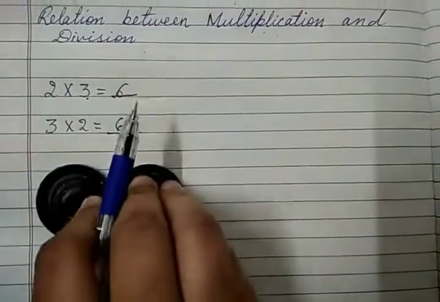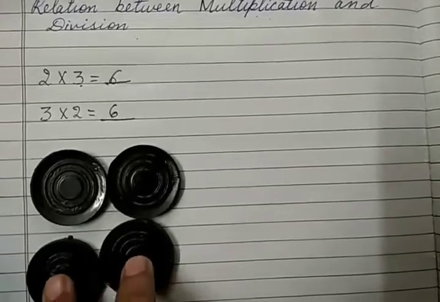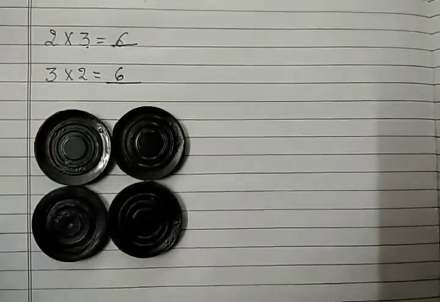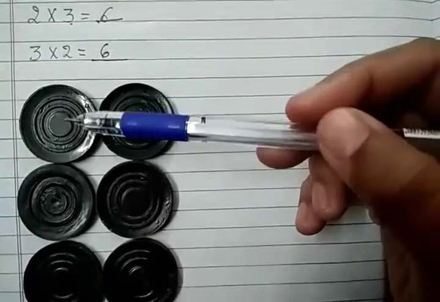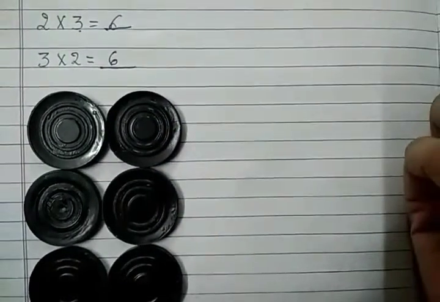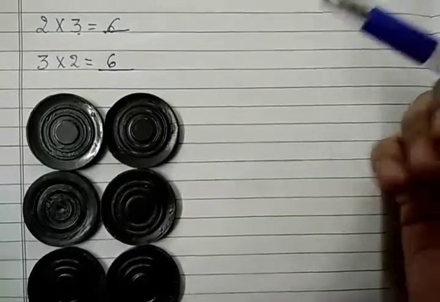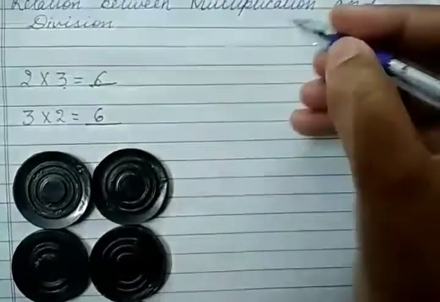This is two pieces, then another 2 pieces, and this is the third time we are making the group. So we have made the groups 3 times, of 2's, and the answer is again 6.